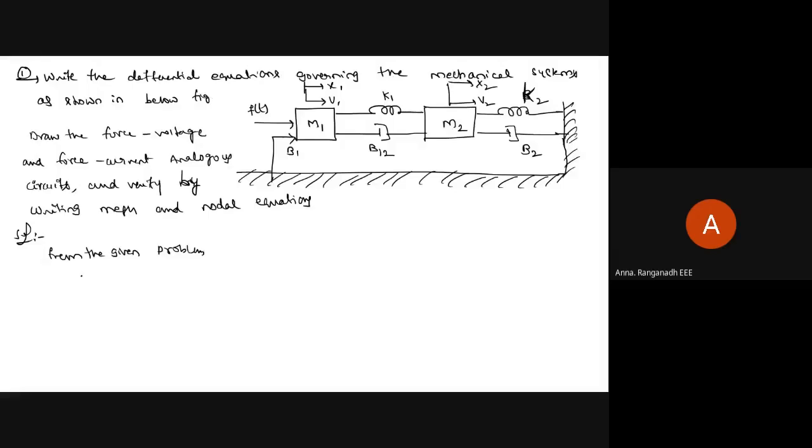Based on the displacement, we can write the differential equations. How do we write the differential equations? By considering the free body diagram of masses. From the given problem, how many masses do we have? Two masses, right?